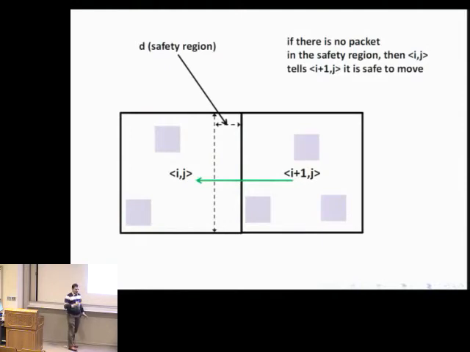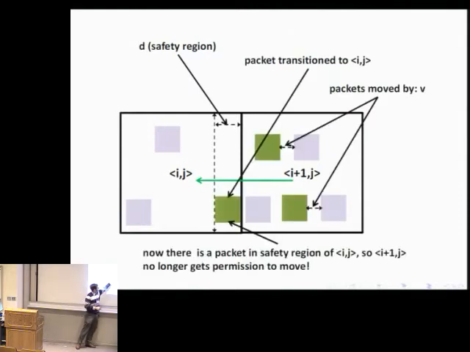So how does the signaling work so that we maintain safety? The general idea is that each cell looks in this region of D, which is the same length that we're trying to maintain amongst points, and looks to see if there are any entities there. If there aren't, whoever's pointing at it gets the ability to move in this direction. So the packets all move by V, and some packets may transition.